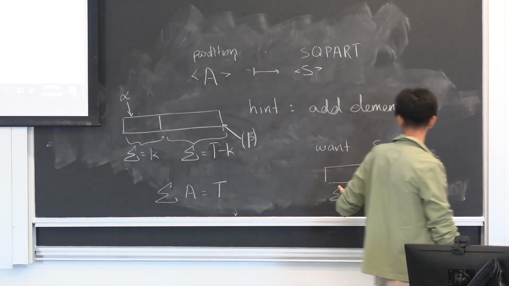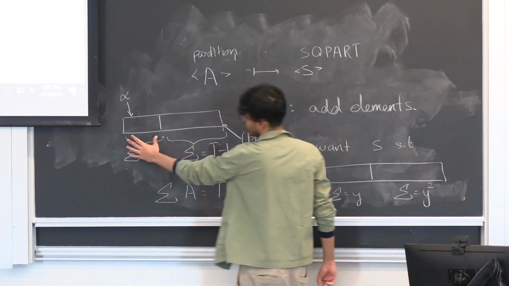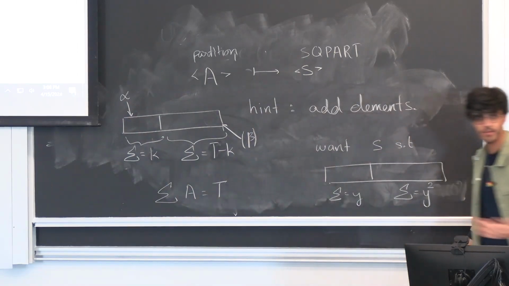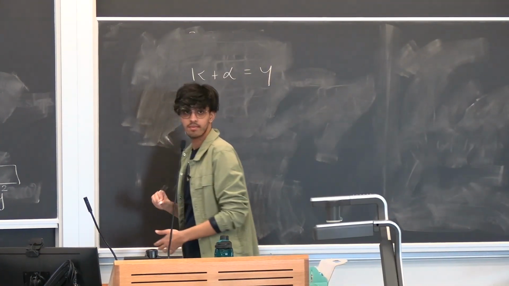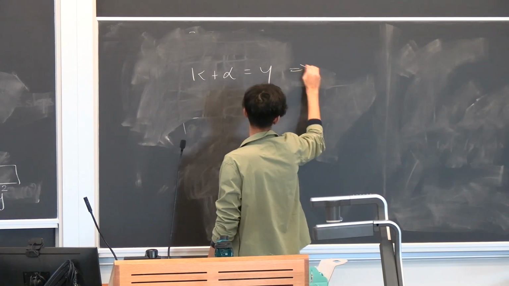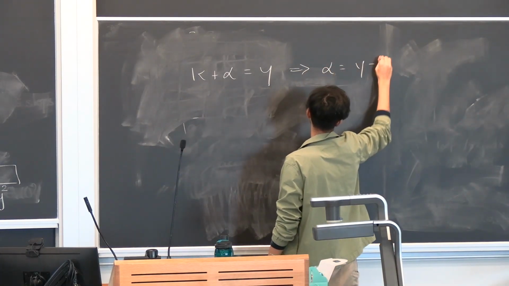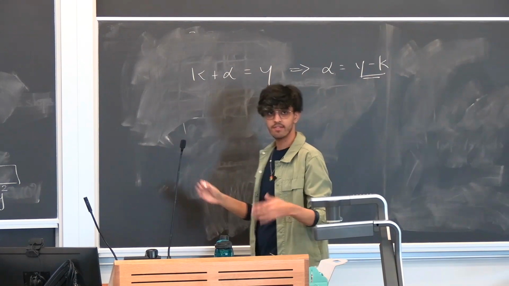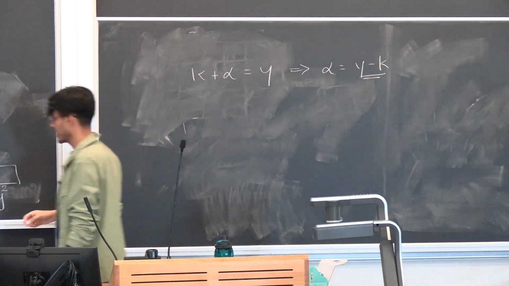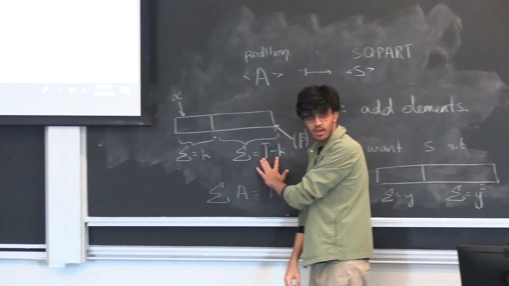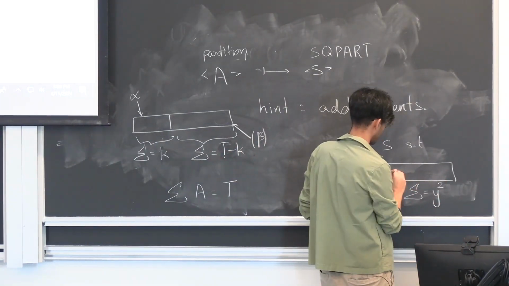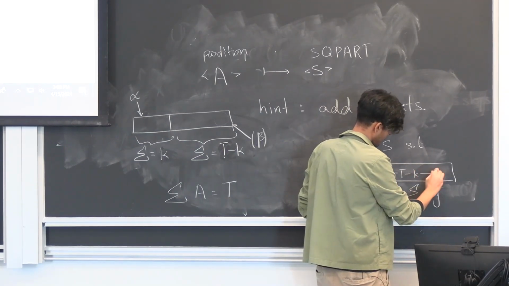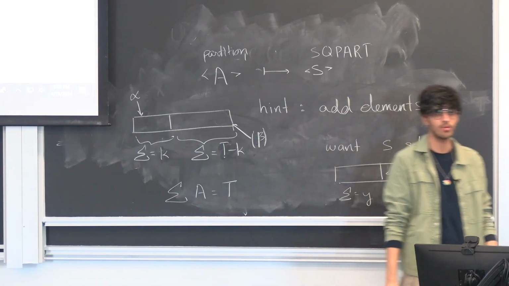So what do I have? If everything I had before plus alpha gives me y, I have a relationship between alpha and y, right? I have k plus alpha equals y, or alpha is y minus k. We don't know what this y is, but alpha is y minus k. Similarly, you have a t minus k over here, and then if you also include beta in this partition, what do I have?